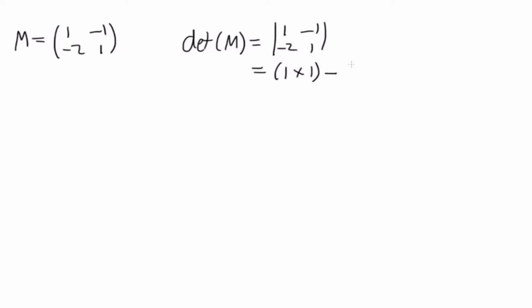So the determinant of M is 1 times 1, minus the other diagonal, minus 1 times minus 2. 1 times 1 is 1, minus 1 times minus 2 is 2, and 1 minus 2 gives you minus 1. So the determinant of M is minus 1.